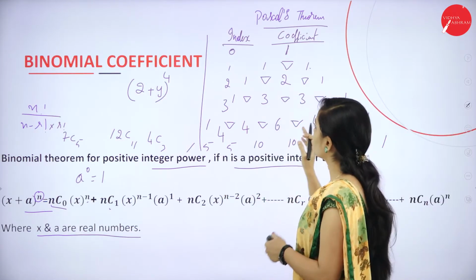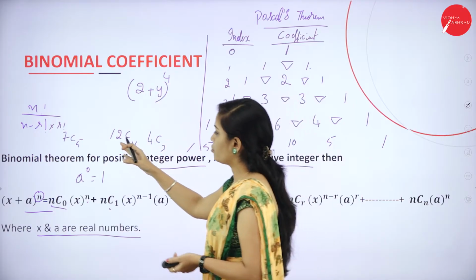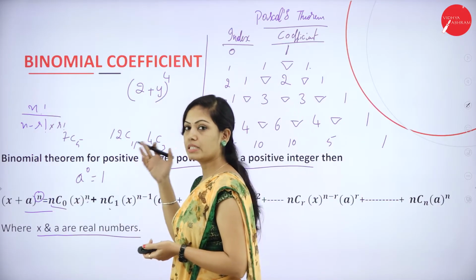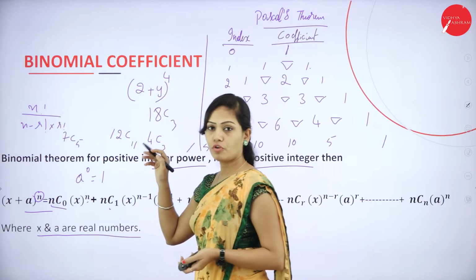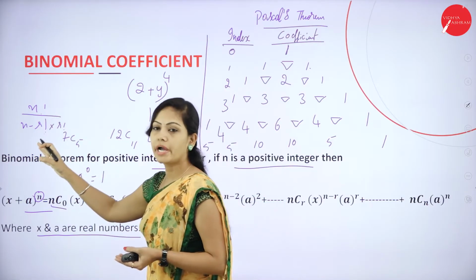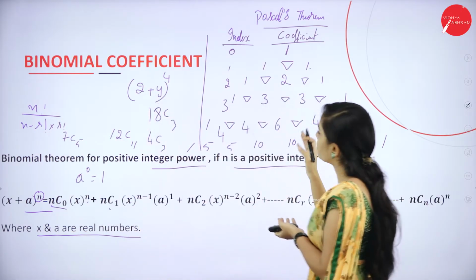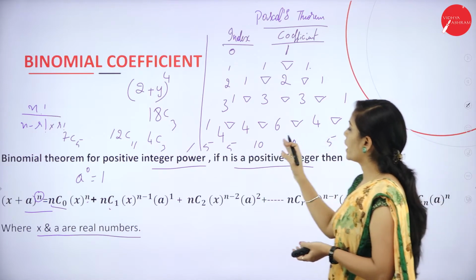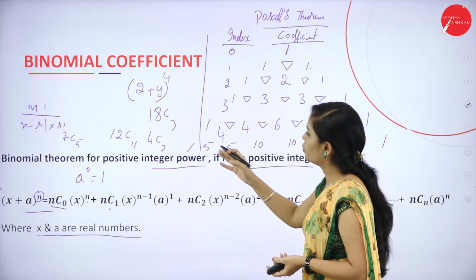Like that, you can find the values of 4C3, 12C1, 12C7, 12C8 and 18C3. Every time, there is no need to apply the nCr formula. By using Pascal's theorem, you can easily find the values.